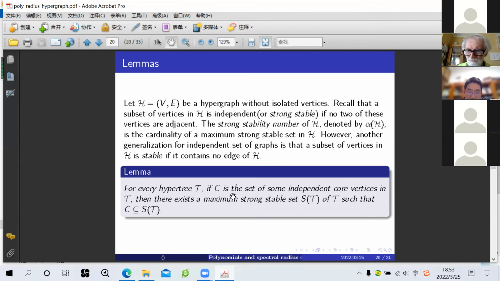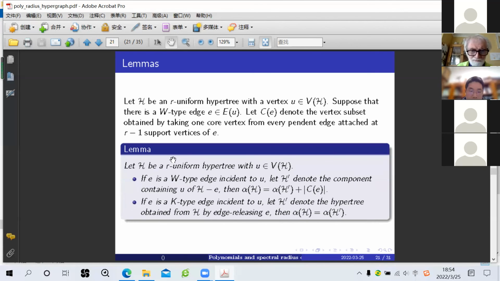For every hypertree T, if C is a set of some independent core vertices in T, then there exists a maximum strong stable set S of T such that C is contained in this set. We will skip these lemmas.